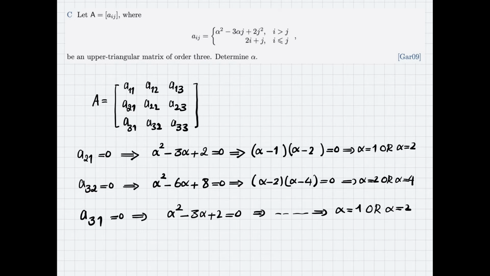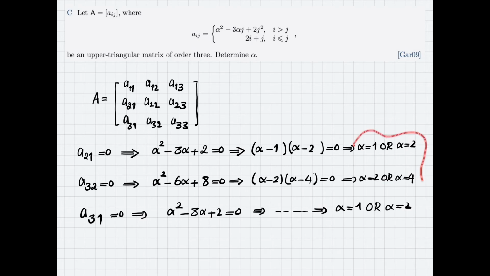But I want to have these three conditions simultaneously, so it means that I need to find the intersection between these answers, and then you realize that alpha equal to 2 is in all of them. So the answer to this problem is simply alpha is equal to 2. Okay, so that is also the solution to this problem.